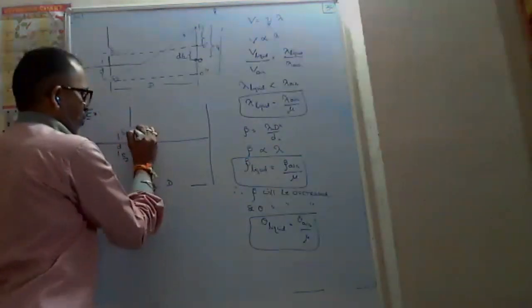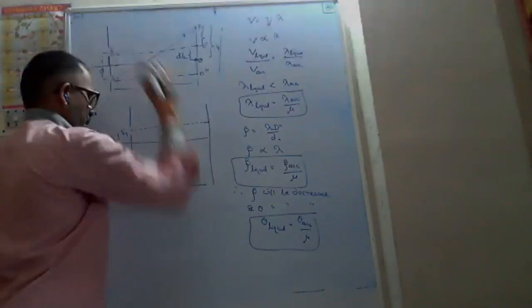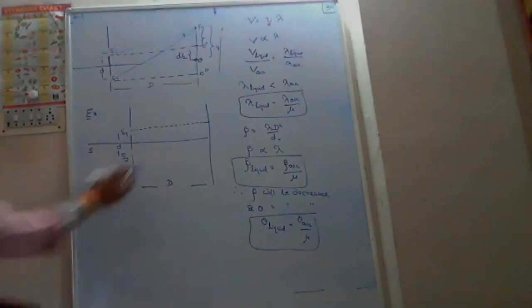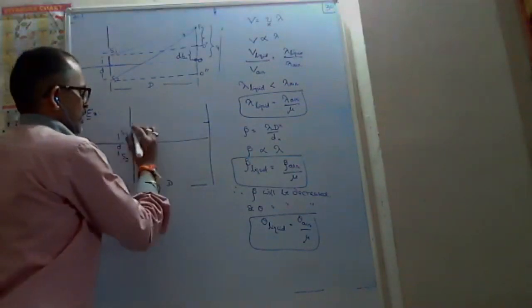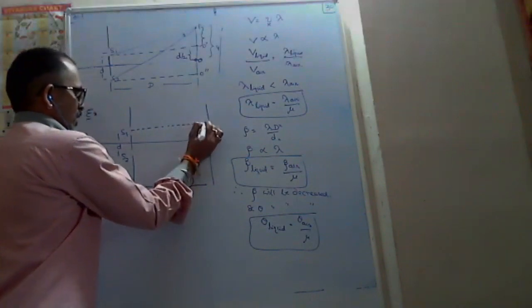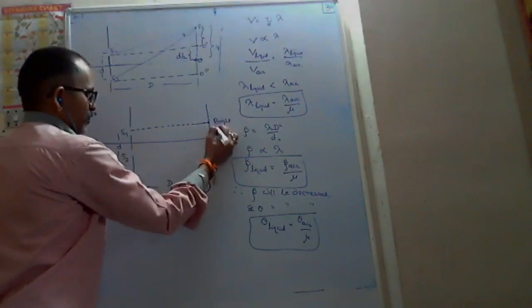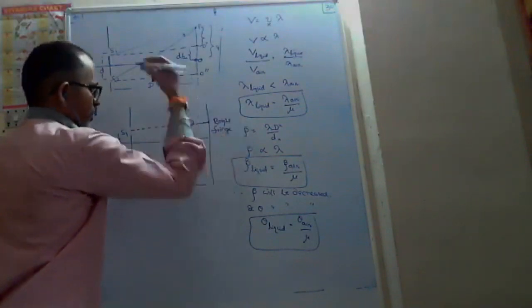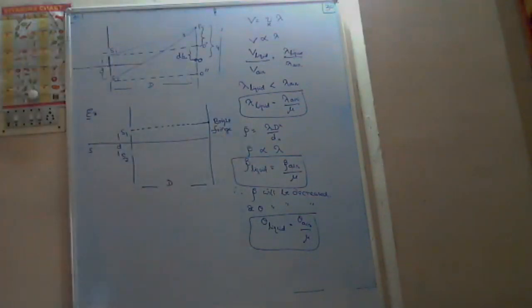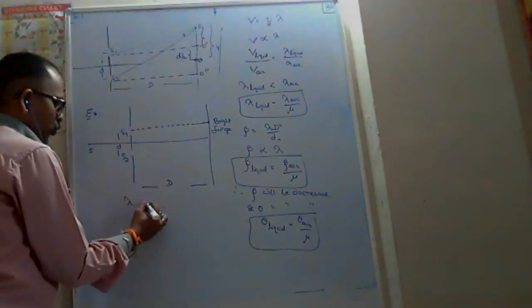In front of one of the slits, if one bright fringe is formed, then what will be the wavelength of light used?